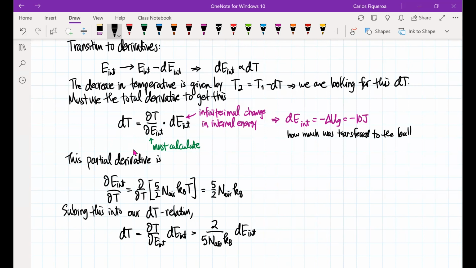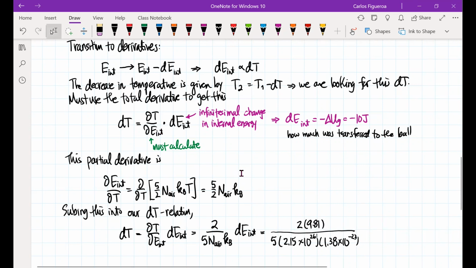So now I can put in my numbers. If I put in my numbers, I'm going to get 5, and then the number of particles, which is what we already calculated up above, times the Boltzmann constant, and then this is going to be 2 times the amount of energy.